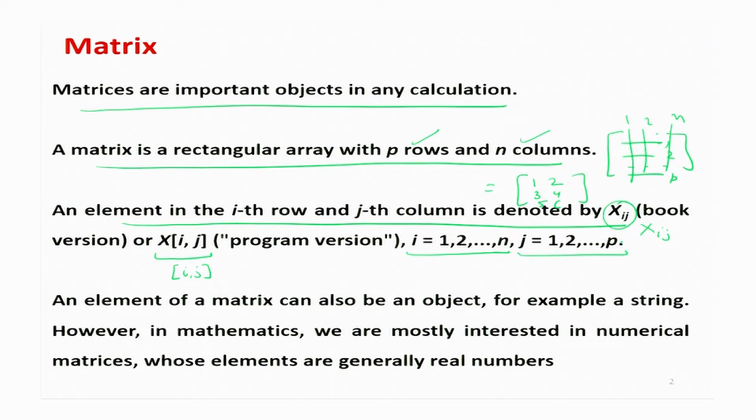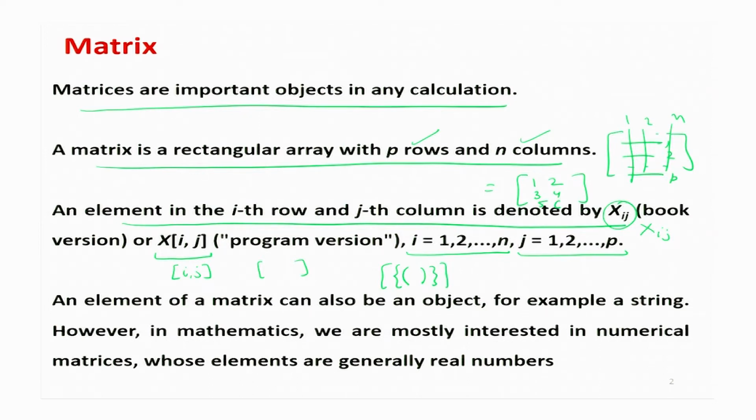Now you can see that for the first time I am showing you the application of this square bracket. You can recall that at some point I had shown you that when we do mathematical calculation, we have simple brackets, then curly brackets, and then square brackets, and these brackets have some important roles in the R software.